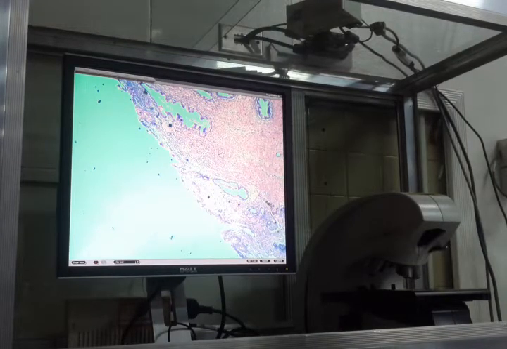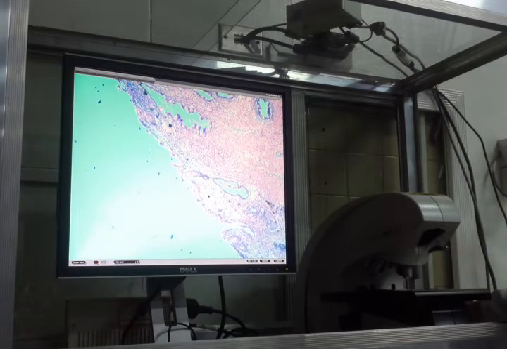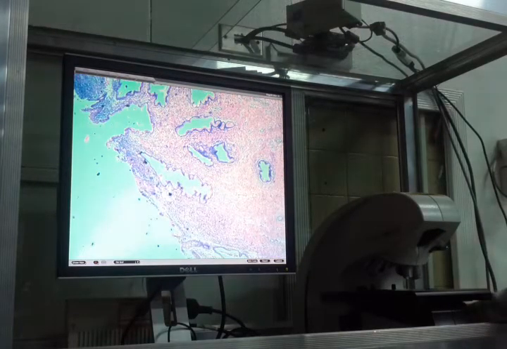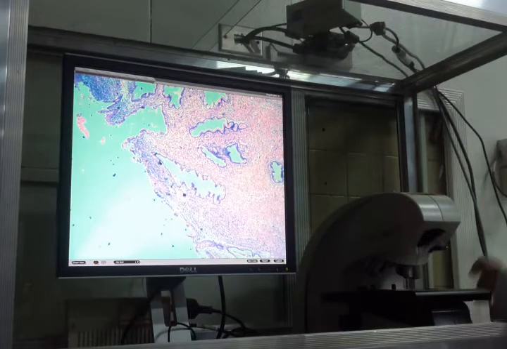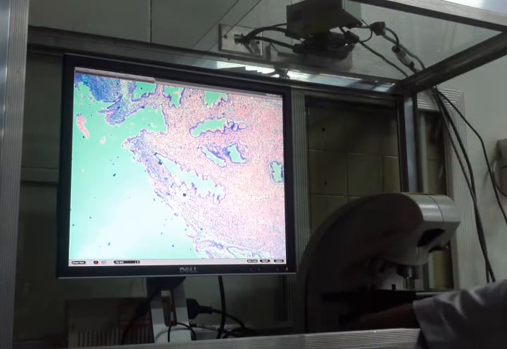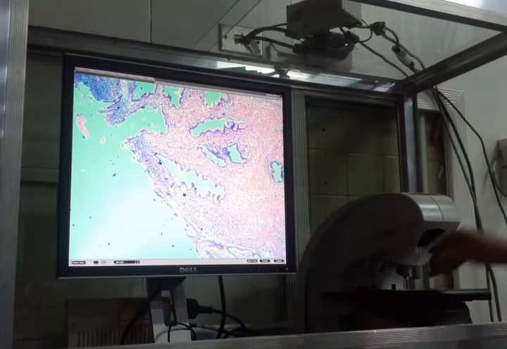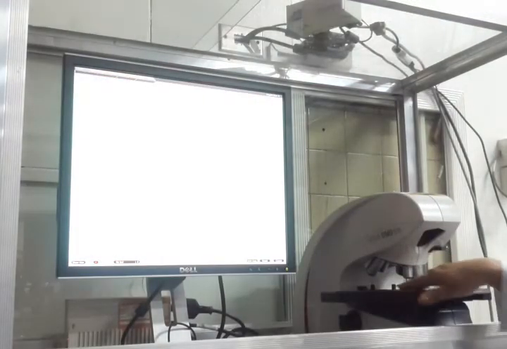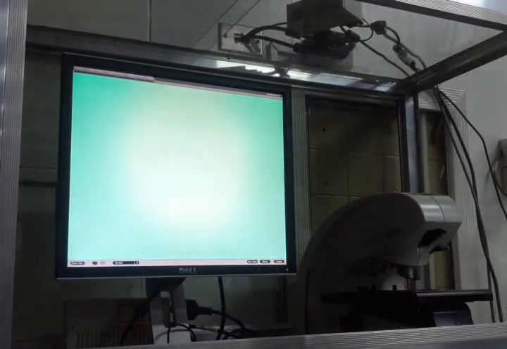Okay? In this case, I think it's because of inflammation. You can see here lots of inflammatory infiltrates. So look at the history as well, because it will give you the clue.